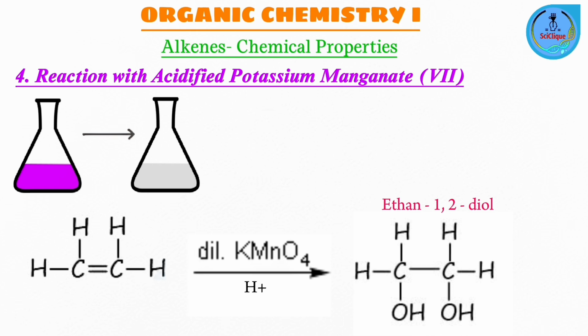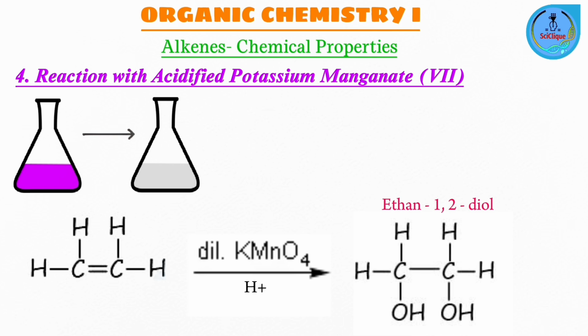Okay? Now, potassium manganate 7 is an oxidizing agent. But if you were to acidify it, you make it an even stronger oxidizing agent, and therefore it will be able to oxidize alkenes. Now, for acidifying, sulfuric acid is usually used because it does not react with the oxidizing agent.